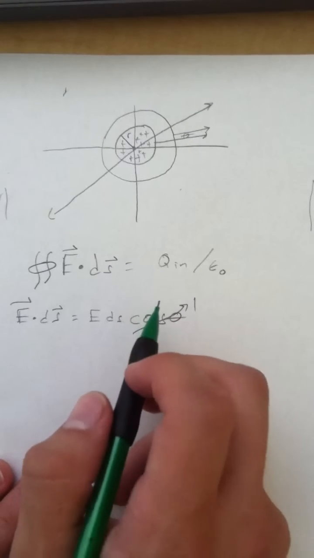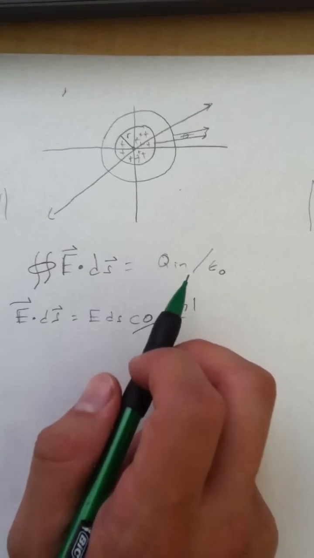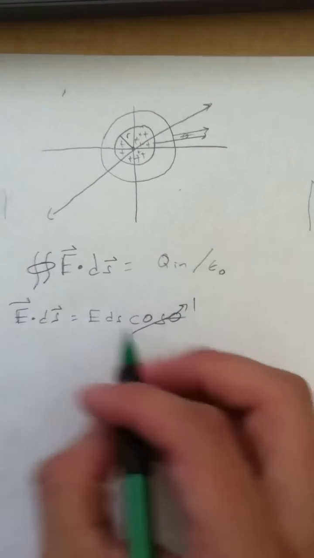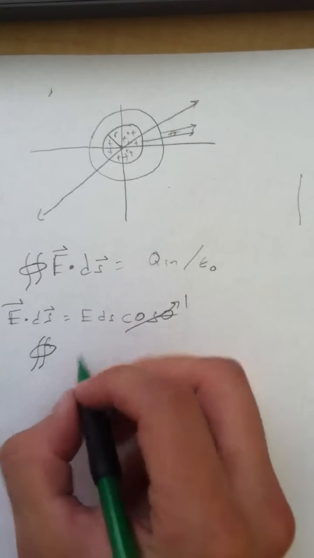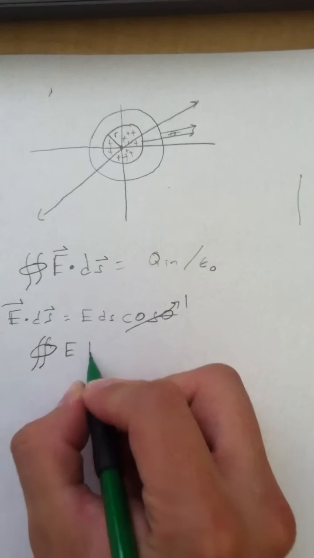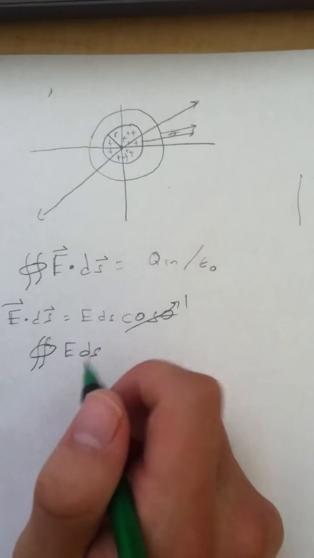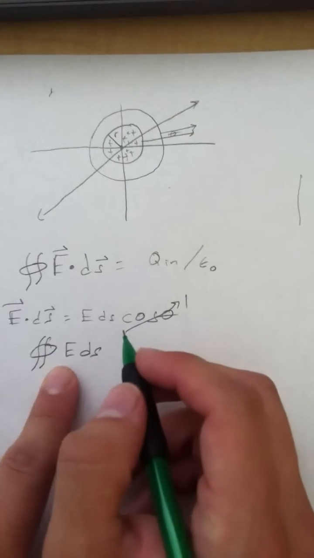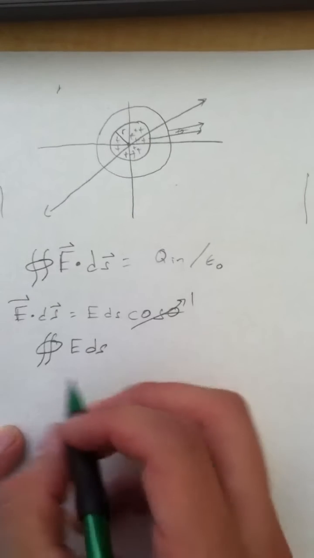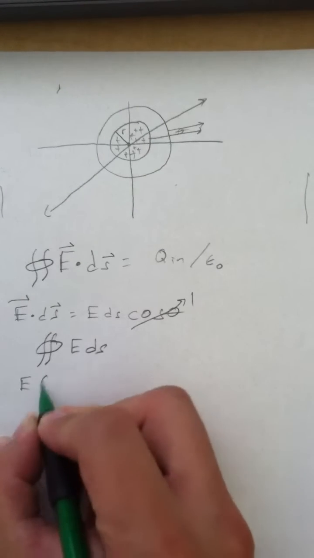So now instead of taking a surface integral of two vectors, we can take the integral of two scalars, which is a lot easier because the electric field is constant. So we can bring that out front.